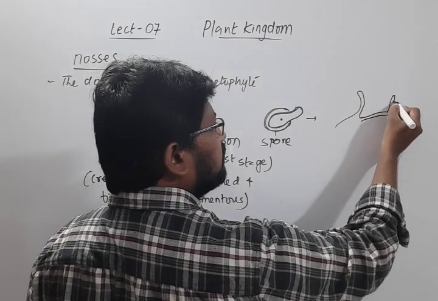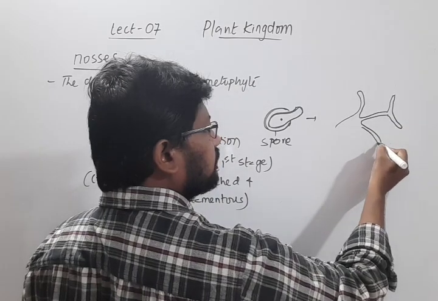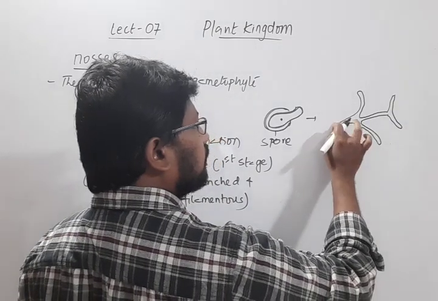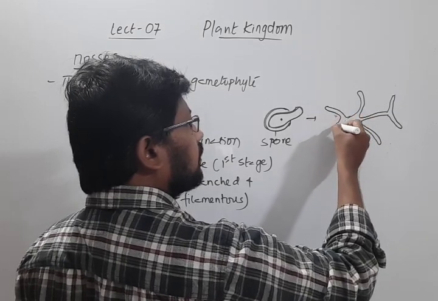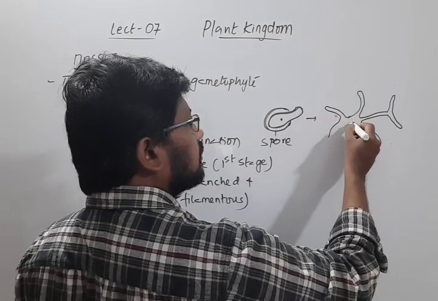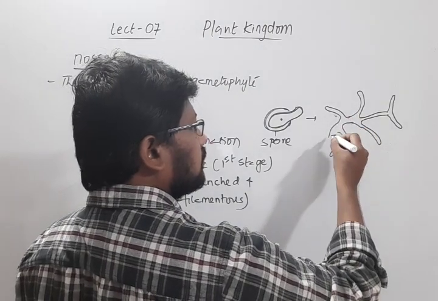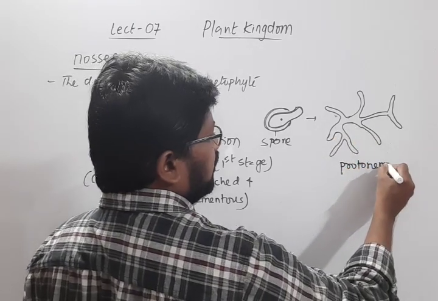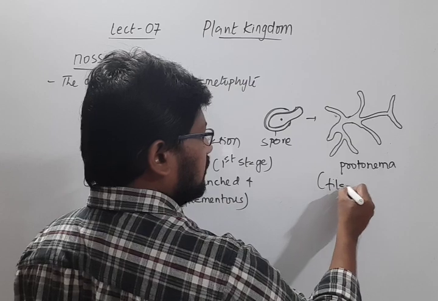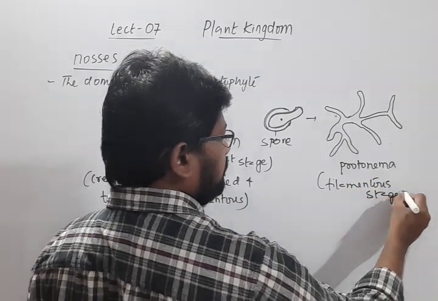So this is the branched protonema structure. I'm just drawing it. This is how the protonema looks, the filamentous stage.